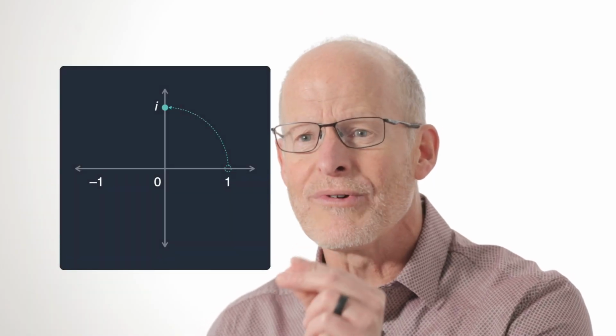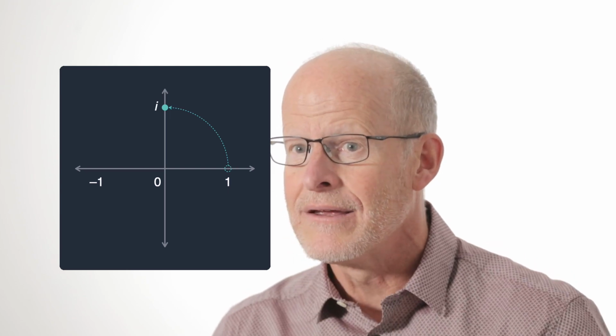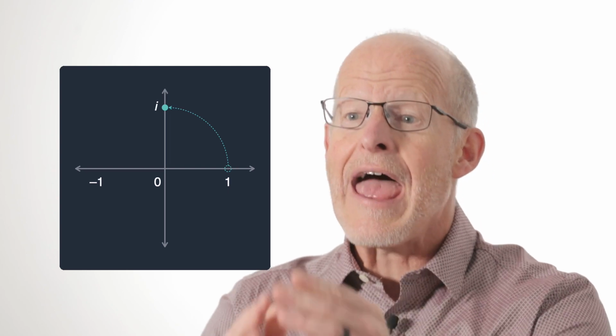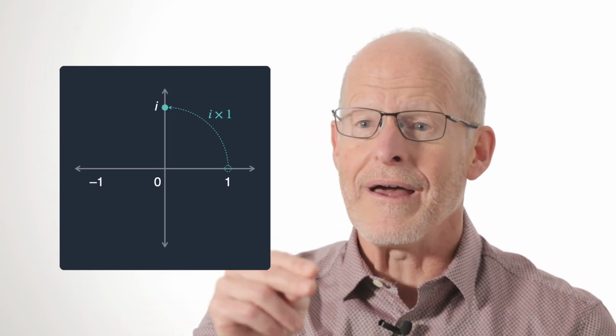Including a 1/4 rotation seems like a natural next step after a 1/2 rotation. But can we think about this in math terms? Remember, multiplying by I produced a 1/4 rotation in the complex plane. So we can think about our +1 with 1/4 rotation as I times 1.